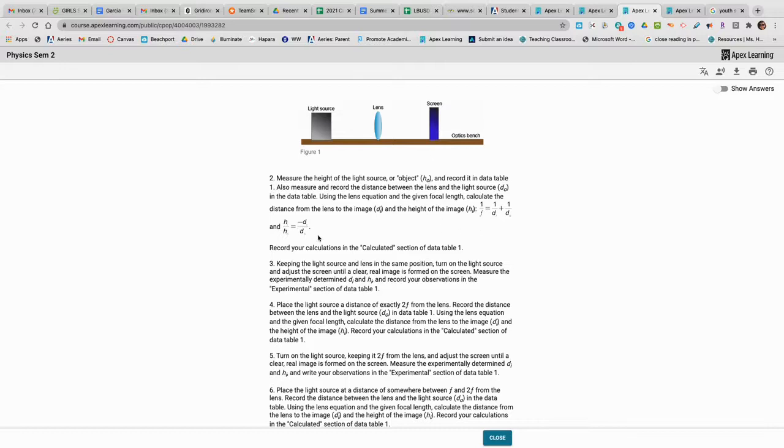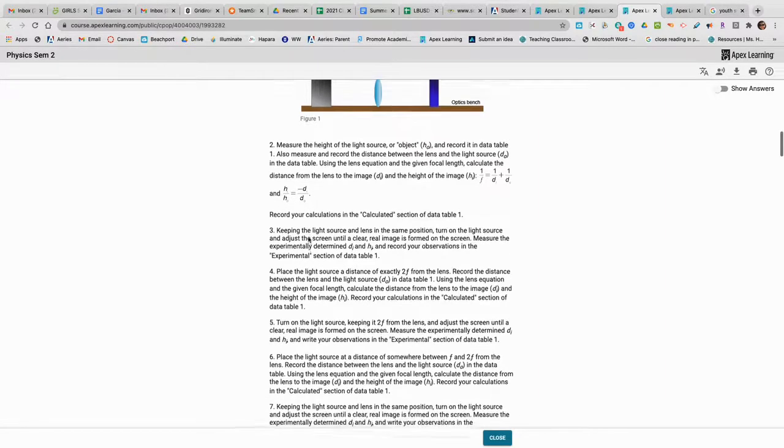The second equation is what we call a magnification equation, but it's actually a proportion of heights to distances. So it's hi over ho, which is image height over object height, equals negative, don't lose this negative here, negative di, which is the image distance, over do.